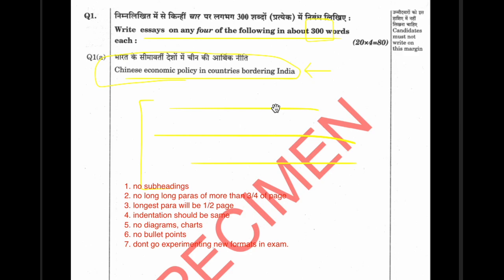You are a beginner, that is why I am assuming that you will be somewhat lacking in content, somewhat, not entirely. You will be able to fill 300 words, but whether all those words will be relevant to this topic, meeting the demand of this topic, that is a question which has to be answered.